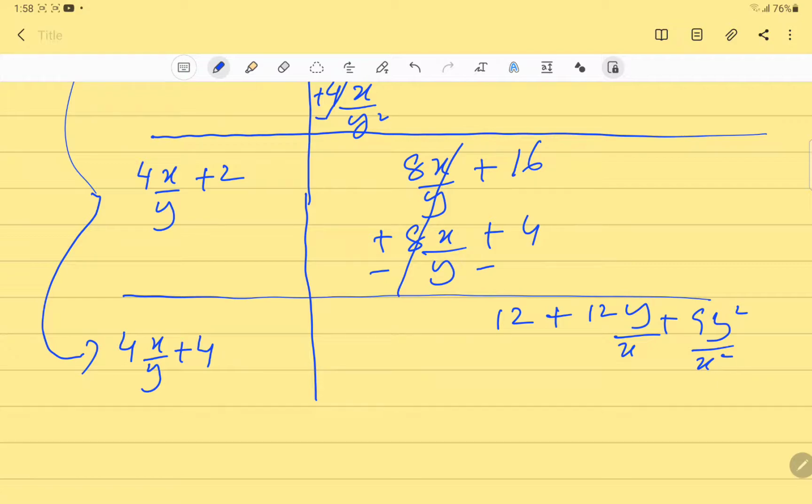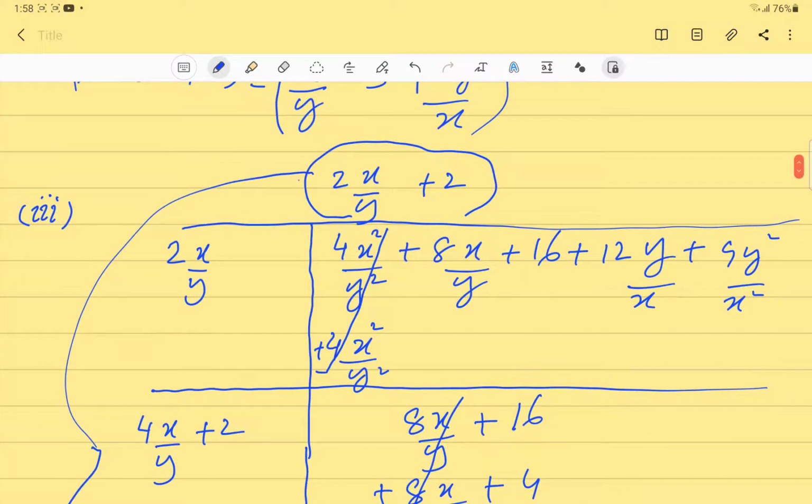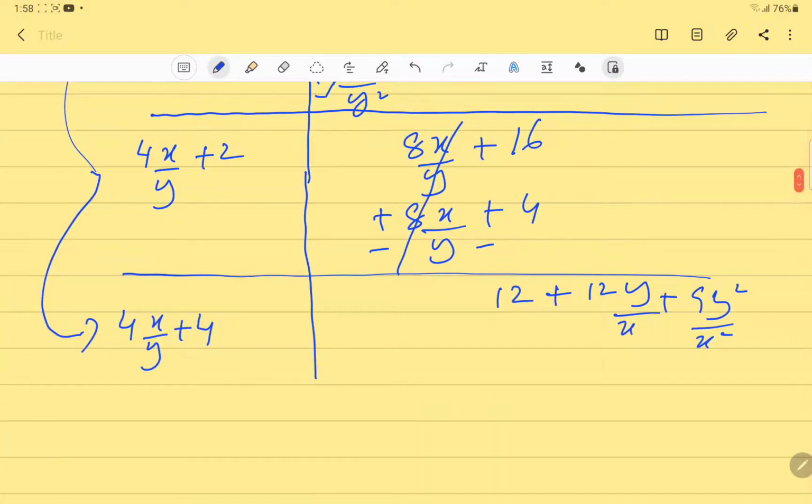Now we have to multiply 4x over y with a term which will give us 12. So obviously it is 3y over x. So we will write here 3y over x, and the same 3y over x will be written here.